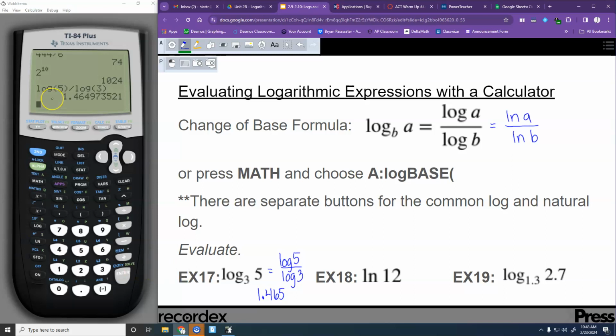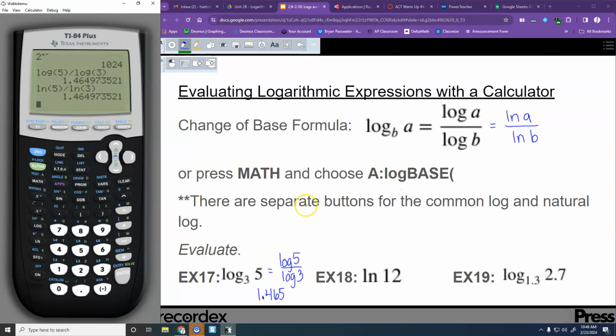So you want to keep at least 3. If you keep more, it's always okay. But you got to have at least 3. Don't round it off any less than that. Now, notice if I did natural log of 5 divided by natural log of 3, that would give me 1.46497, same decimal, right? So you can use either button, just don't mix them. It's got to be the same one.